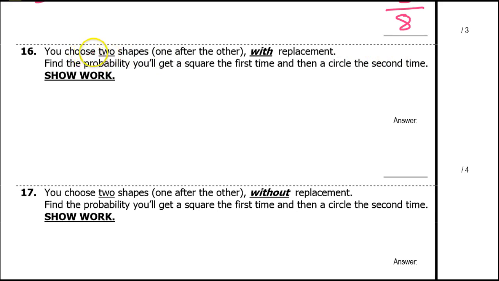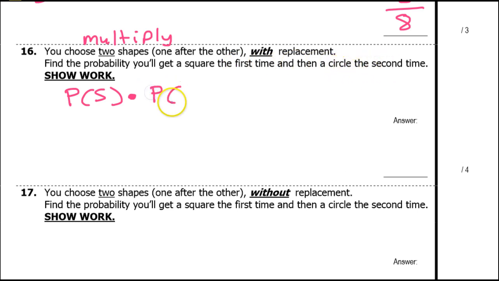Whenever you're choosing 2 shapes or 2 cards or 2 marbles or whatever it is, if you're doing 2 things in a row, you are going to multiply the probabilities. So if I want a probability of getting a square first, that means I need to find the probability of getting a square, and then I'm going to multiply that times the probability of getting a circle.